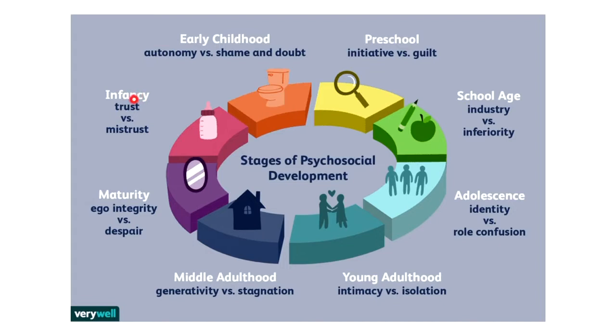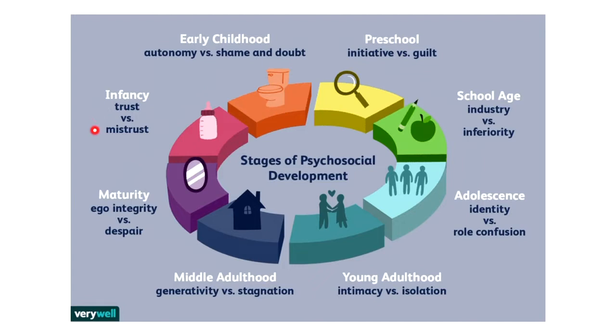So we see that the progression of development moves around this cycle right here up until the end of life, okay? And each particular stage is identified with a decision or a conflict that has to happen. There's conflicts at each one.